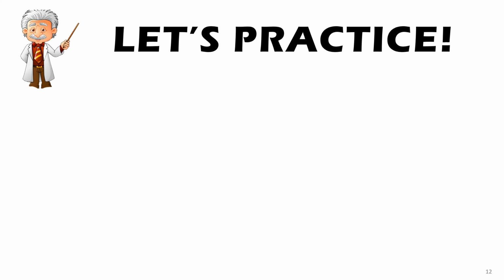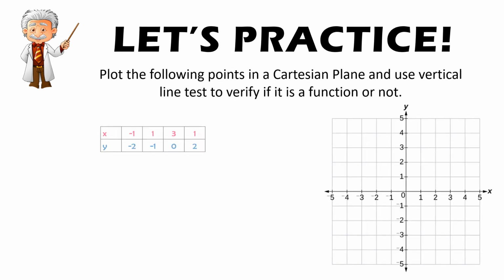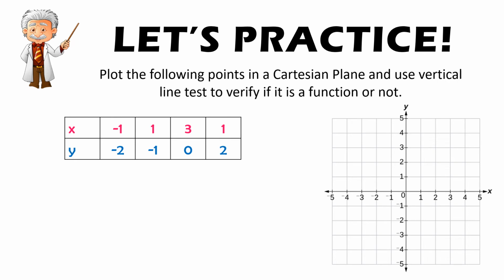Let's practice. Plot the following points in a Cartesian plane and use vertical line test to verify if it is a function or not. Okay, so given are the x and y values in the table. So, ipa-plot daw natin first. Okay?